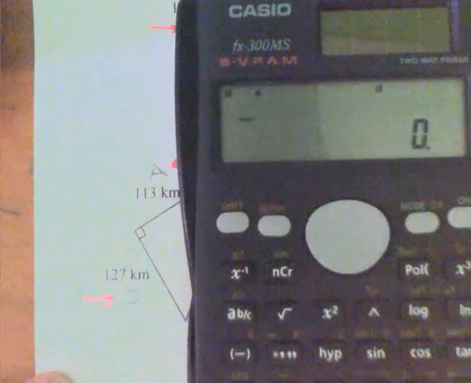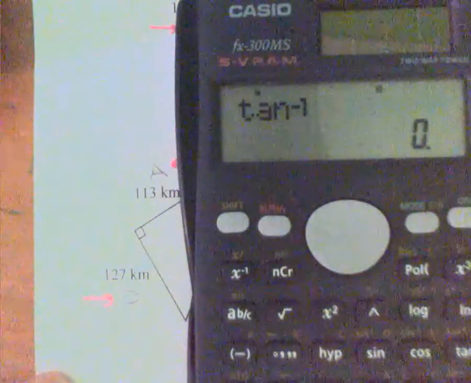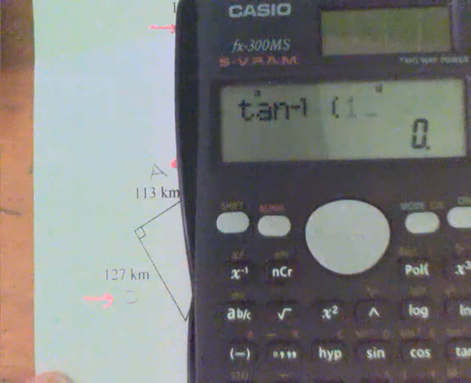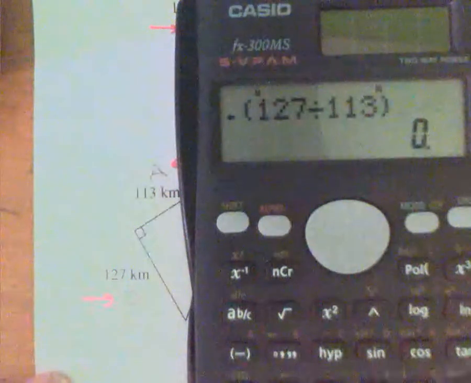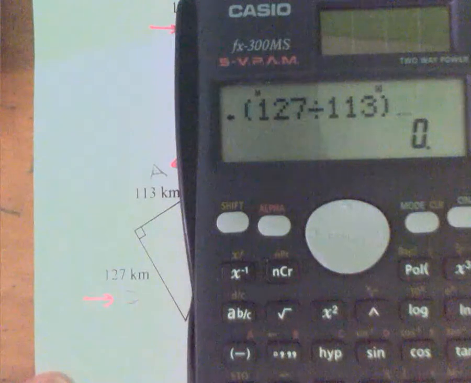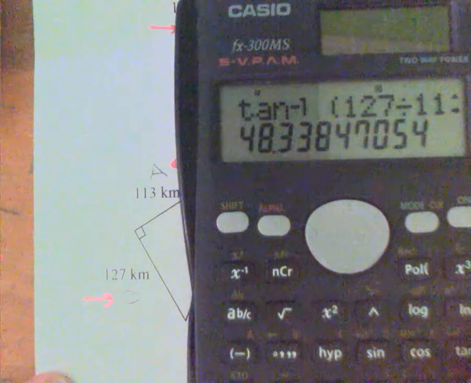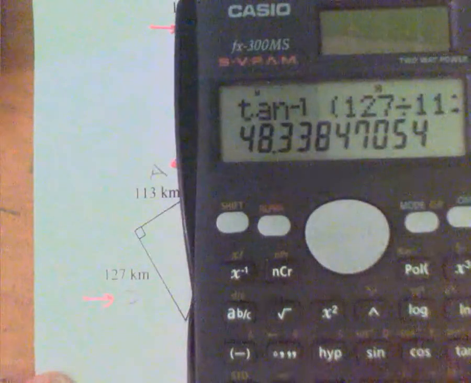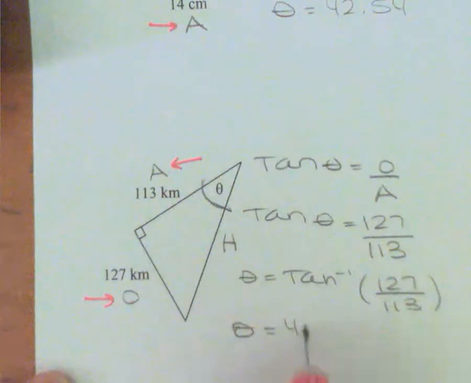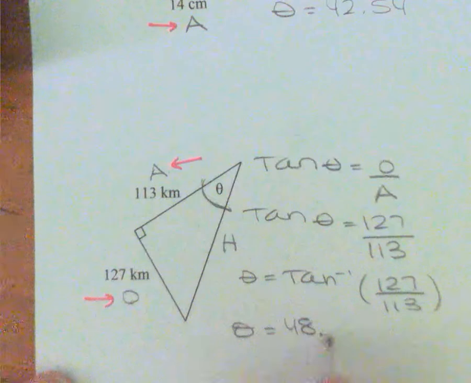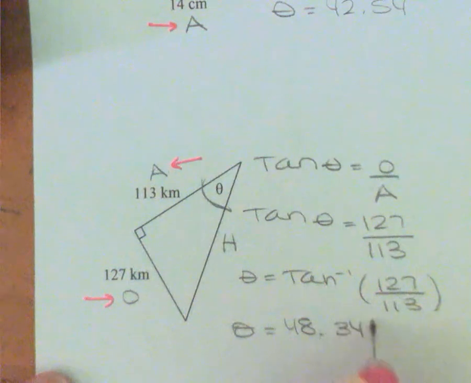So I want to do tan inverse bracket of 127 divided by 113, close bracket, equals. And I get 48.34 if I'm rounding. Sorry, 48.34, perfect.